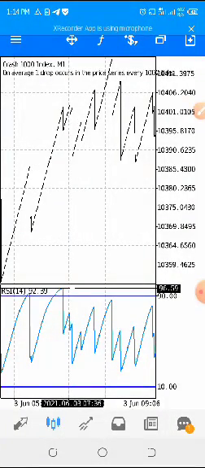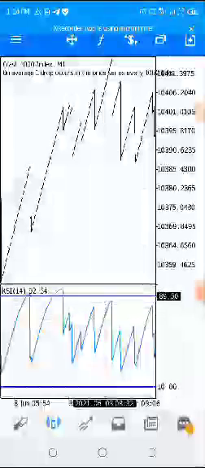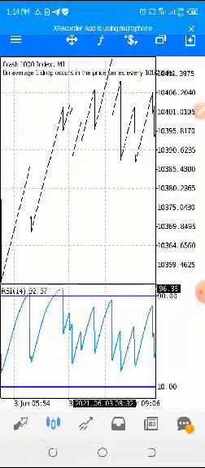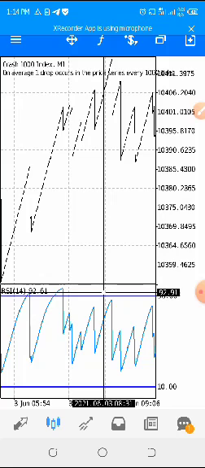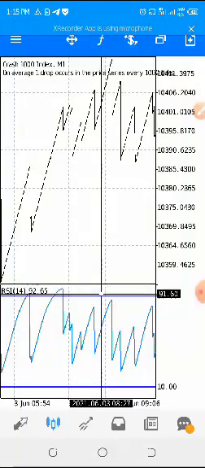Okay, this one spiked where this one spiked. And another point is, when you are looking at the RSI, you also look at this level. If RSI 14 is at 99, you must also look at this one.